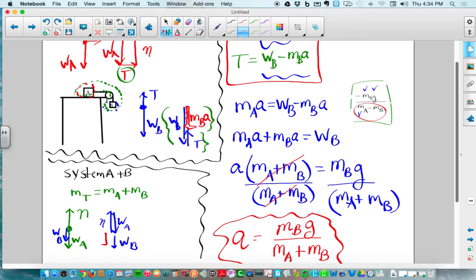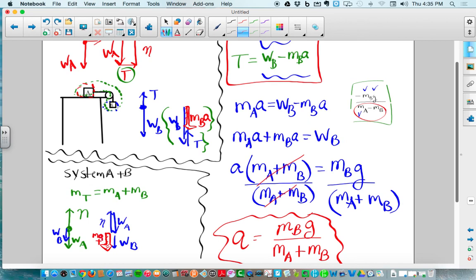So now I've got a net force vector down on our system. Okay. And that is exactly equal to the weight of object B, right? So this is mass total, because now our system's combined, times A, right?